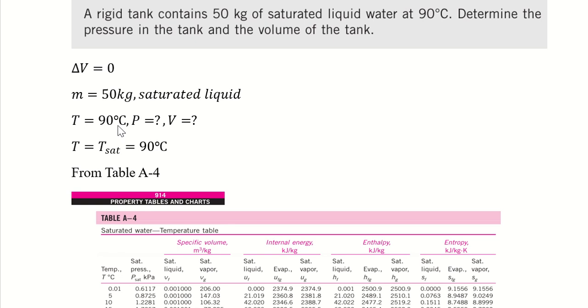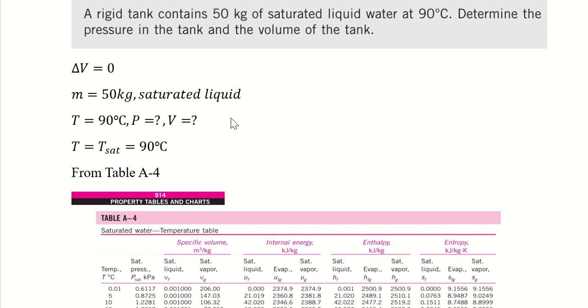And because the mass that was given is of saturated liquid, that means this 90 degrees Celsius is the temperature at which water became saturated.